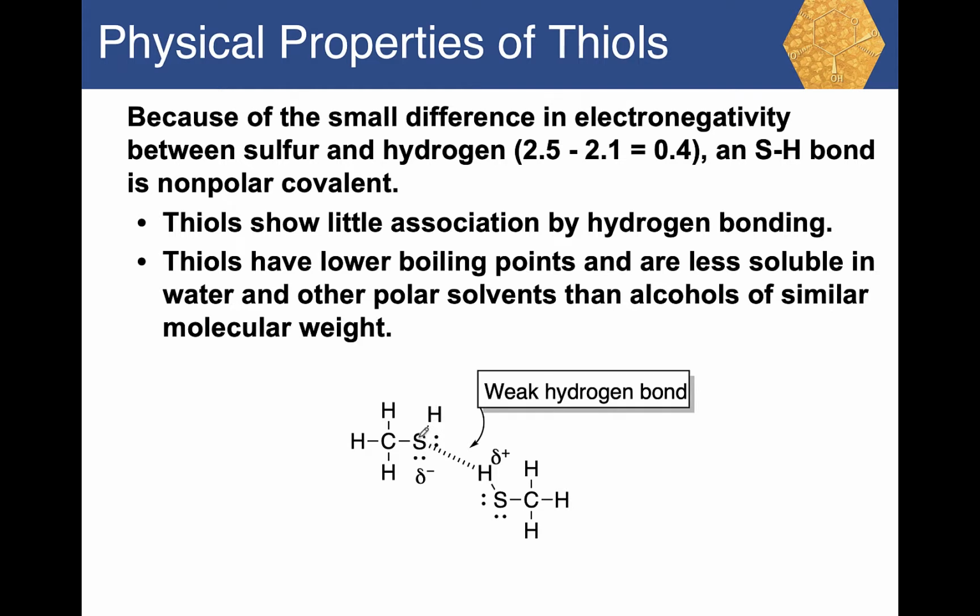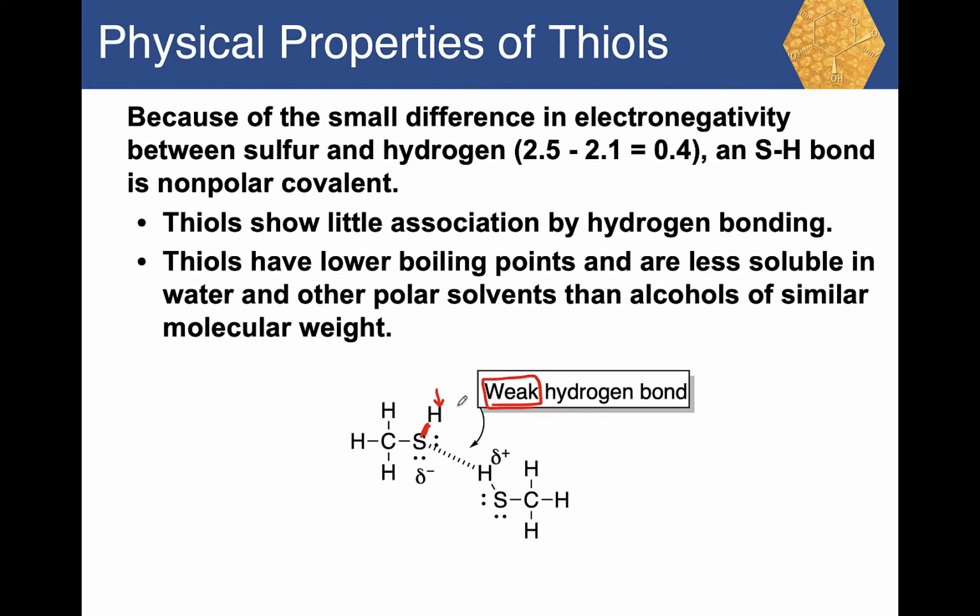So because it's not very electronegative, the hydrogen that's bonded to it is not very positive. So in other words, this bond here is not a very polar covalent bond. It is polar, but not very polar. So this interaction here in the form of a hydrogen bond is very weak. Extremely weak, at least compared to that if it were an oxygen.